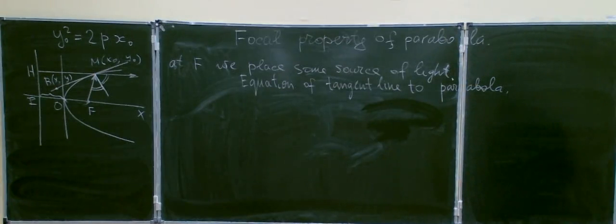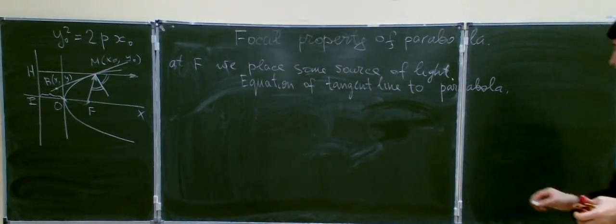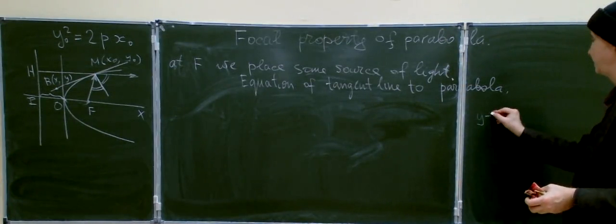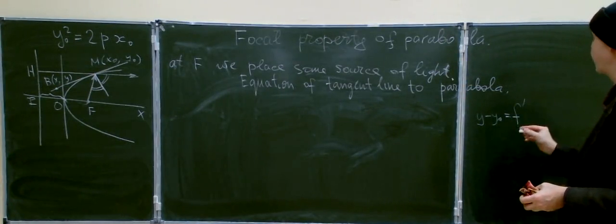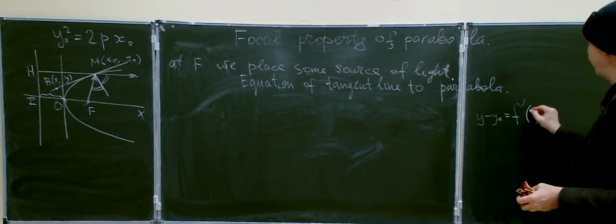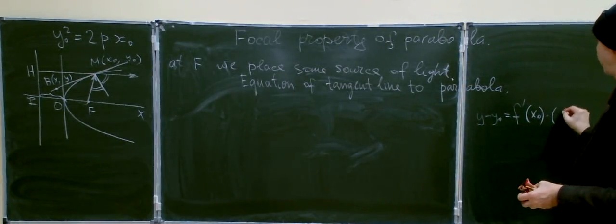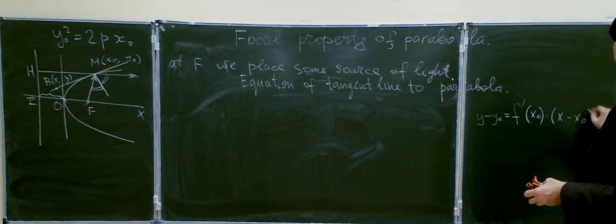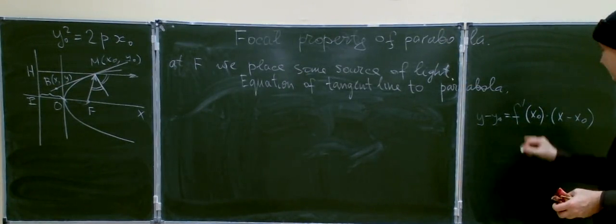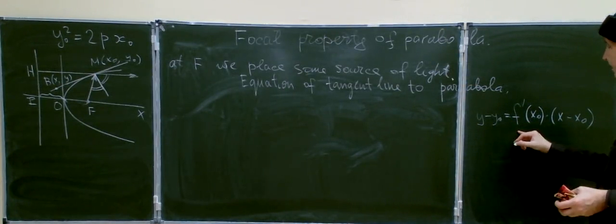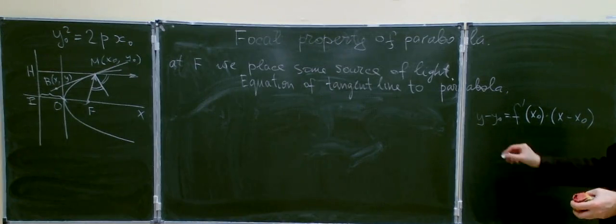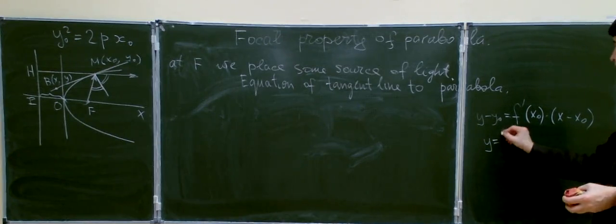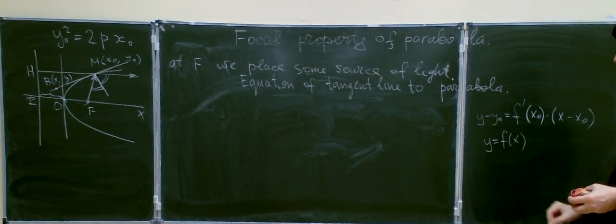Again, write the equation of a tangent line to a graph of some function: y minus y0 is equal to f prime of x0 multiplied by x minus x0. This is the equation for the tangent line to a graph of the function y equals f of x.